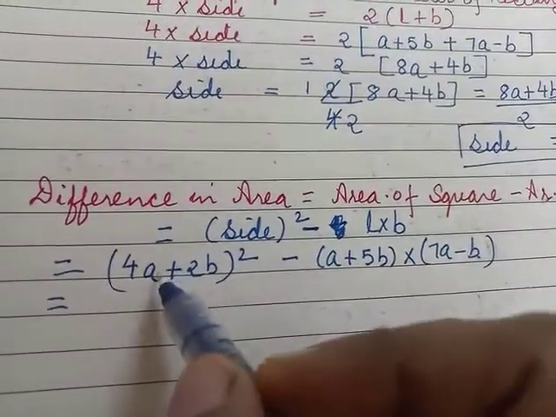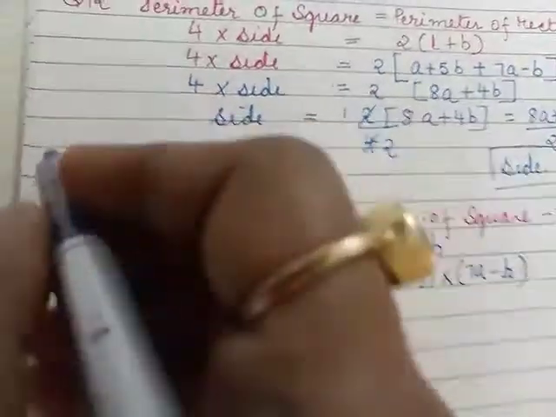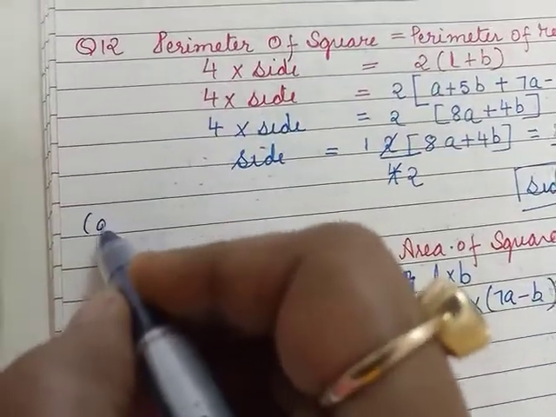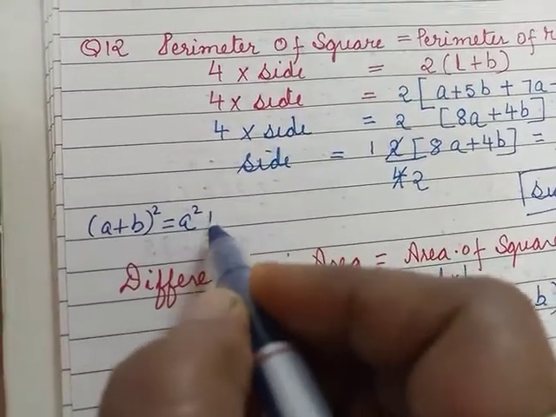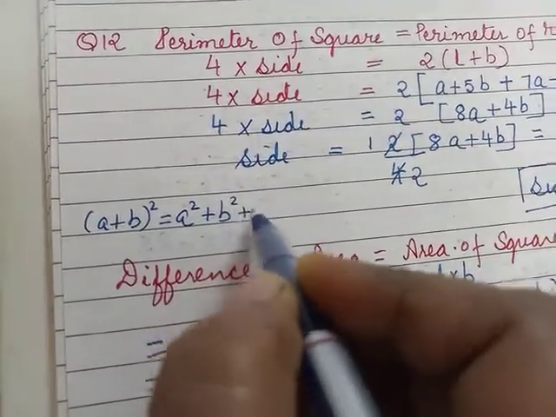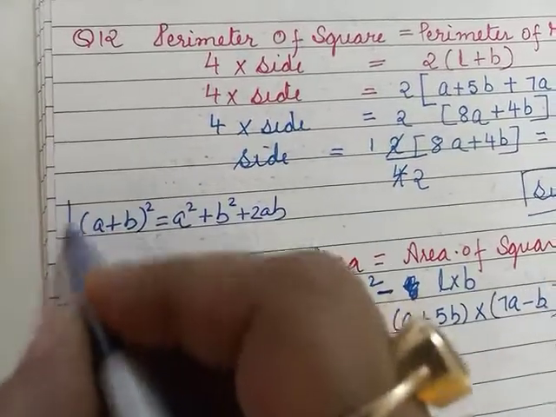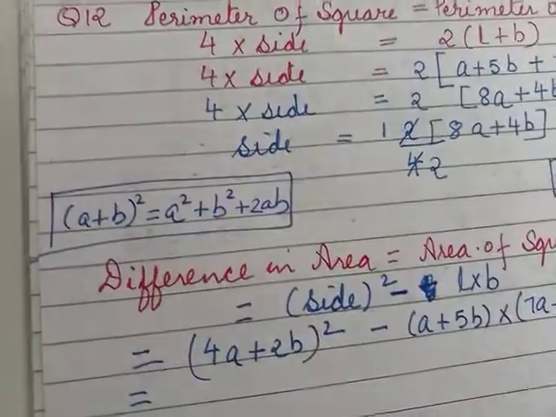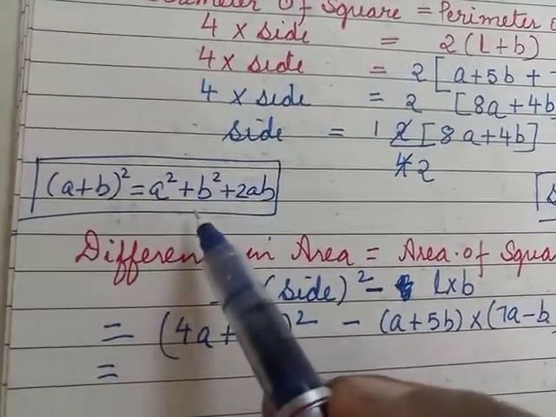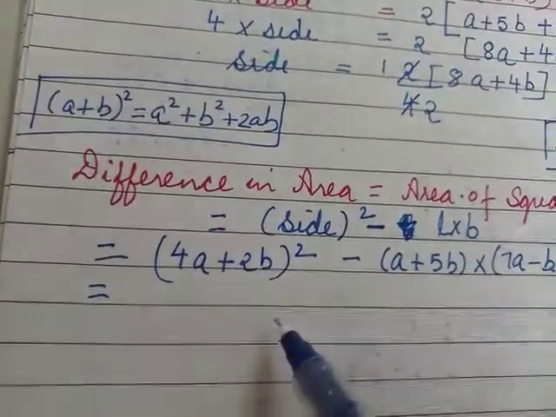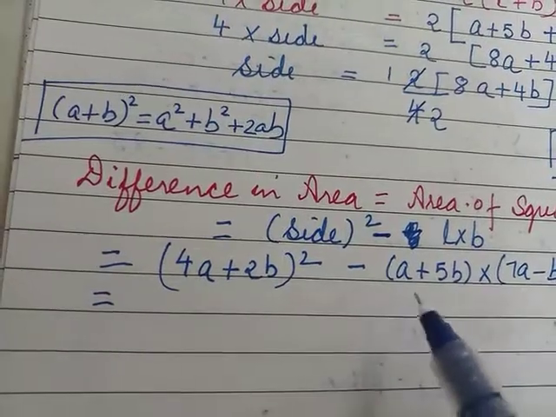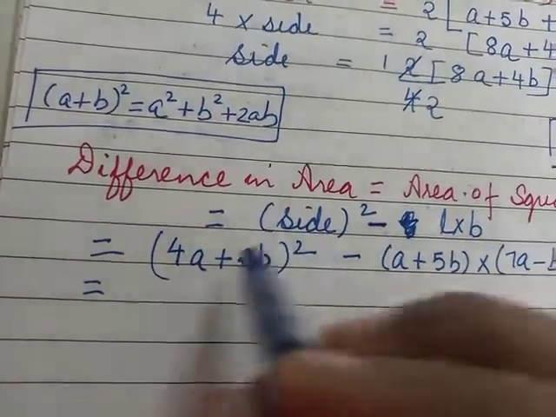We are using the identity of (A plus B) whole square. So what is the identity of (A plus B) whole square? It is A square plus B square plus 2AB. I am going to apply this identity here, or we can discuss this more in algebraic identities. If you are not getting the identity, then you can multiply 4A plus 2B into 4A plus 2B.